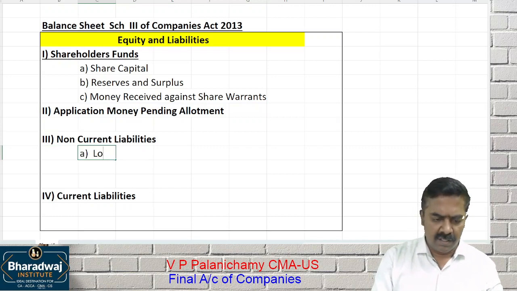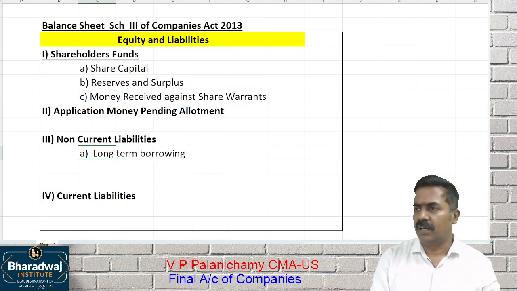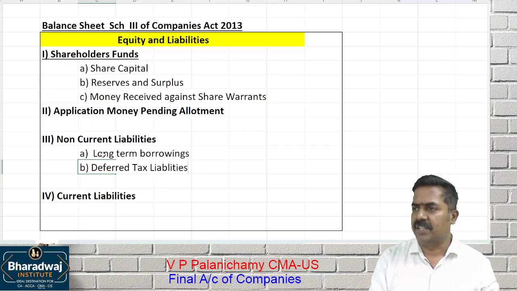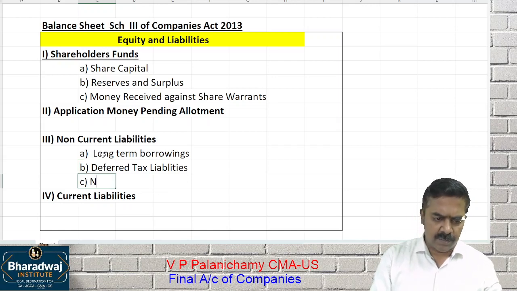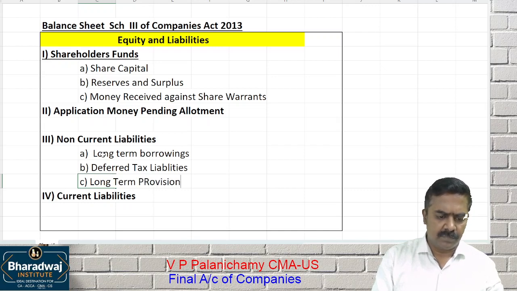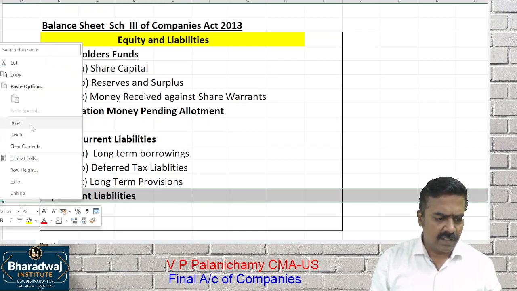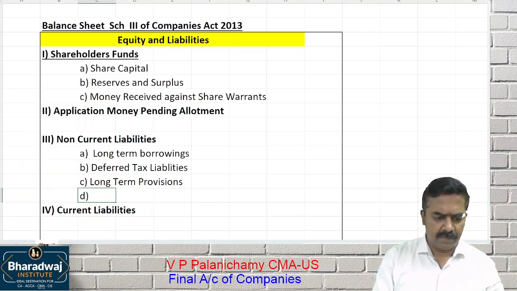One is long-term borrowings, money borrowed for the long term. B, deferred tax liabilities. We have a separate accounting standard for it, which we will learn. Next one, long-term provisions, provisions created for the long term. Then another one is other non-current liabilities.